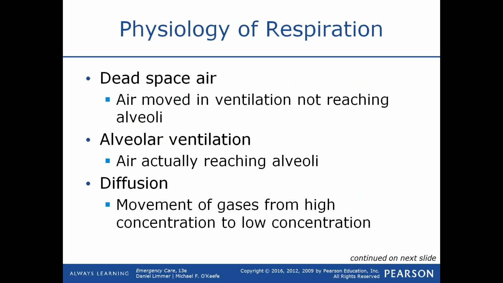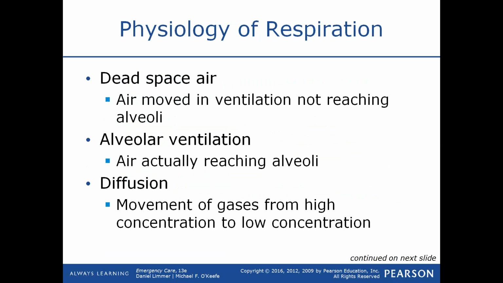Now, dead space air is the air that is moved in ventilation, but it never reaches the alveoli. This includes air in the trachea, air in the main bronchi, air in the mouth and nose. It's there, but it never actually gets into the alveoli. And that's typically about 150 milliliters and remains constant.